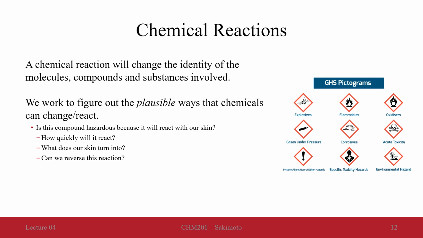Obviously, everything could explode for some reason or another, but I can probably bet that if I mix methane, natural gas, with oxygen, there's a high plausibility that we will have a large explosion, a large chemical change. Versus if I mix methane with water, they probably won't have the same type of large explosive chemical change. How do I assess potentials of hazards, the potentials of chemical reactions?